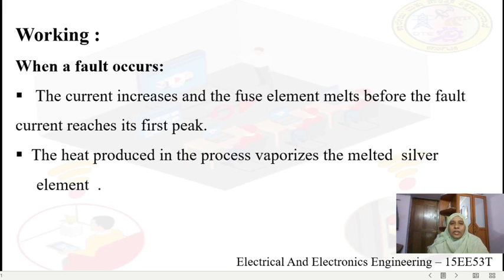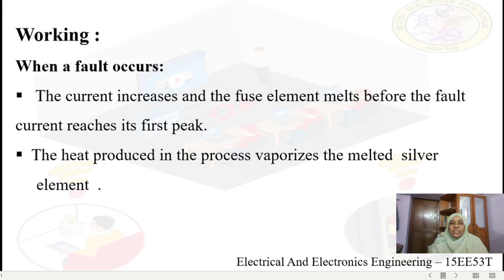As soon as the current rises, the fuse element temperature increases and it melts, just before the fault current reaches its first peak. It melts and breaks open the circuit and safeguards the circuit, and it separates the circuit into a faulty part and a healthy part.